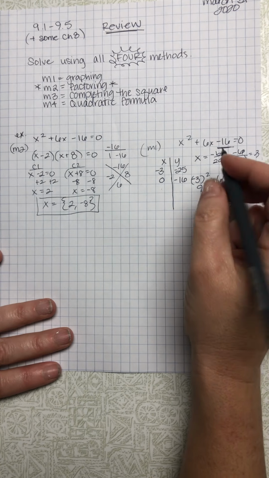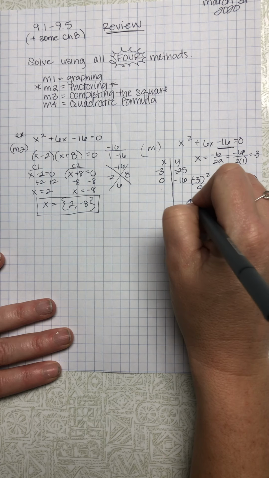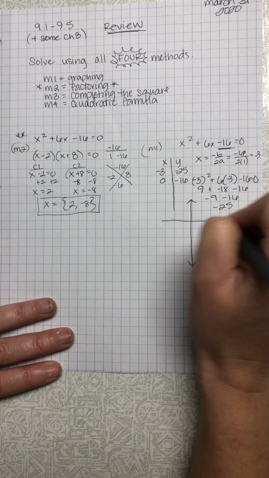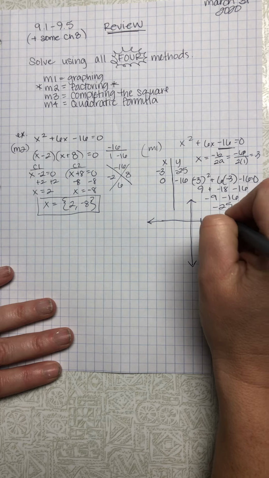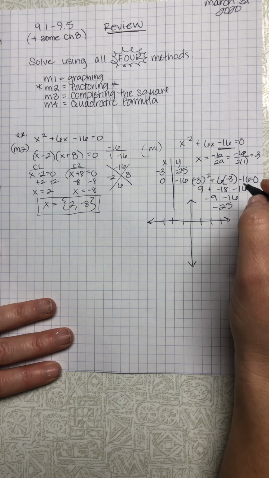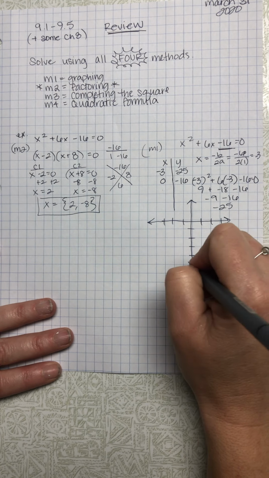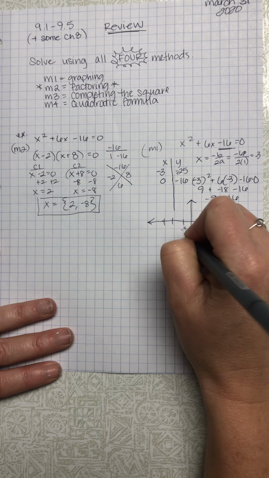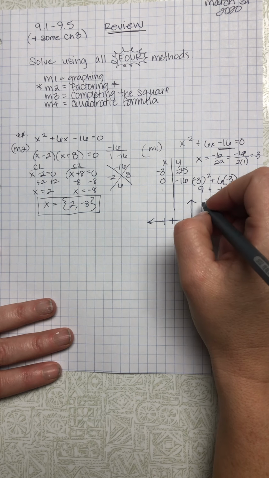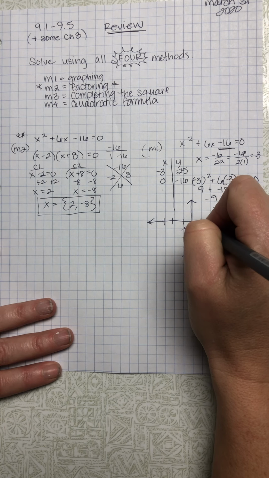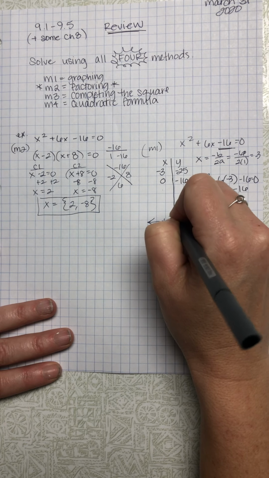So if I graph this, heavy on the negatives, negative 5s, counting by, I'll just count by ones. 1, 2, 3, negative 1, negative 2, negative 3.